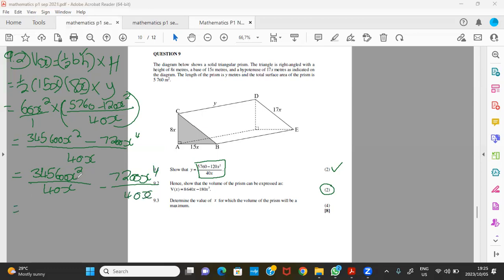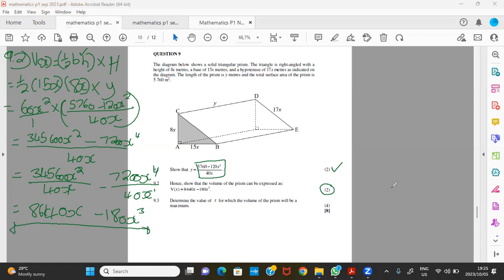I know that this will cancel this. 345,600 divided by 40 should give us 8,640, then x. Then minus, 7,200 divided by 40 should give us 180, and then we keep the base, 4 minus 1, that's going to be 3.